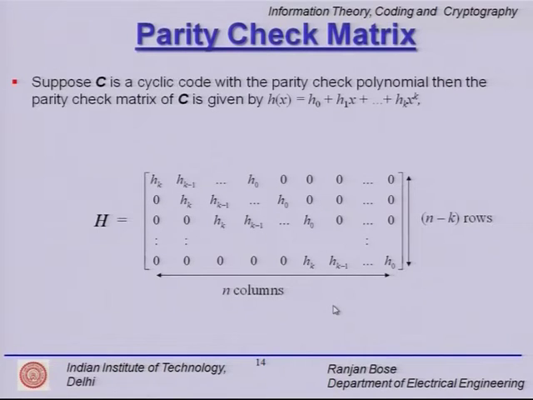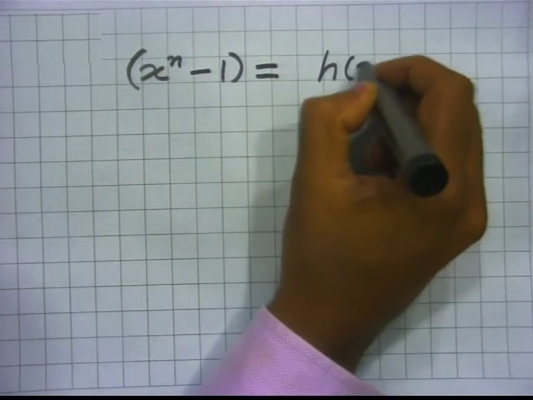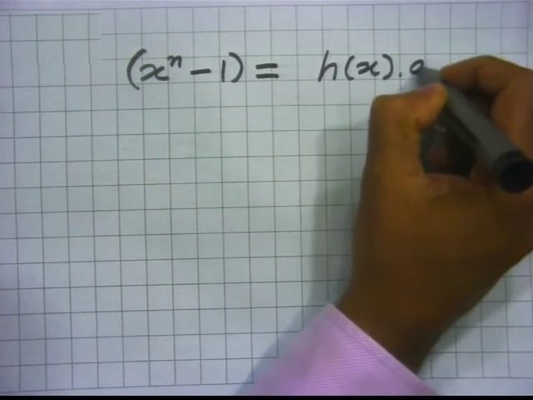So, if you consider it a little bit more graphically, if you look at your slide, we have this x raised to the power n minus 1, and the first step is you factorize it into h of x into g of x.